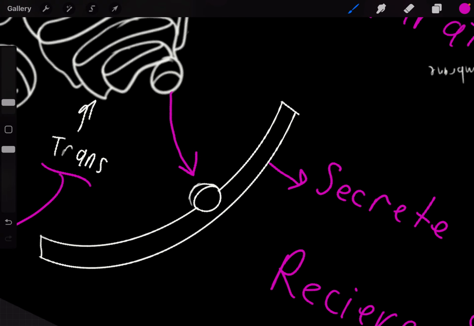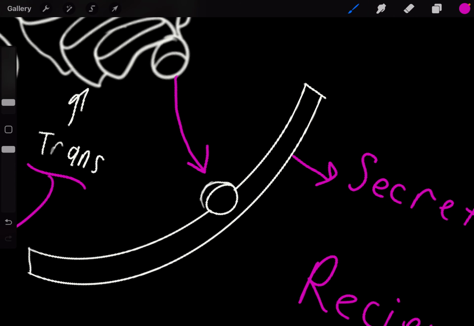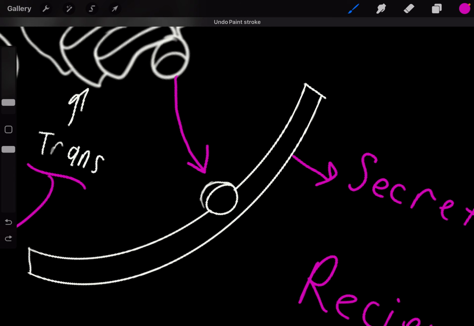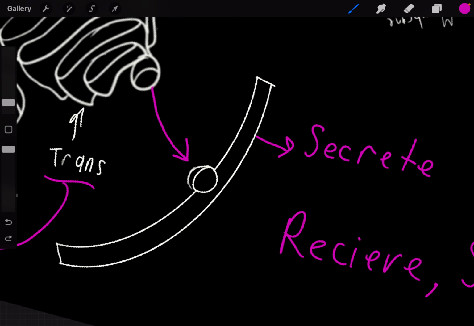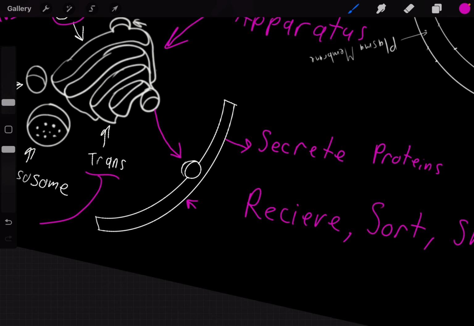Another thing it can do is it can have membrane proteins that need to be combined with the plasma membrane. So the vesicle would join in with the plasma membrane as well as the protein. So it would all just become part of the plasma membrane. So that's the second one.